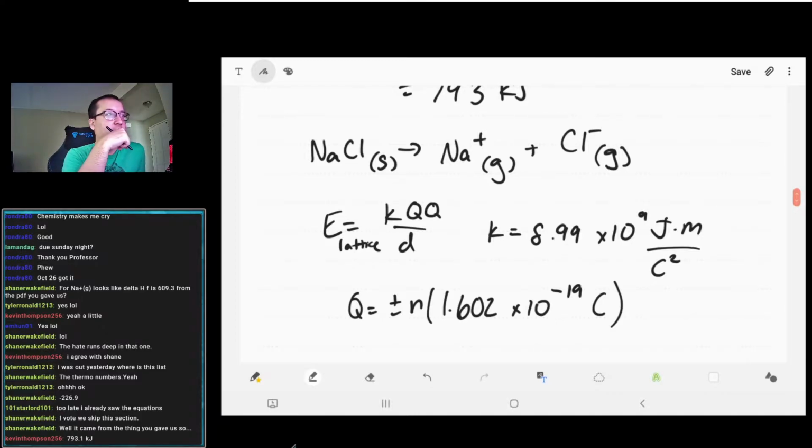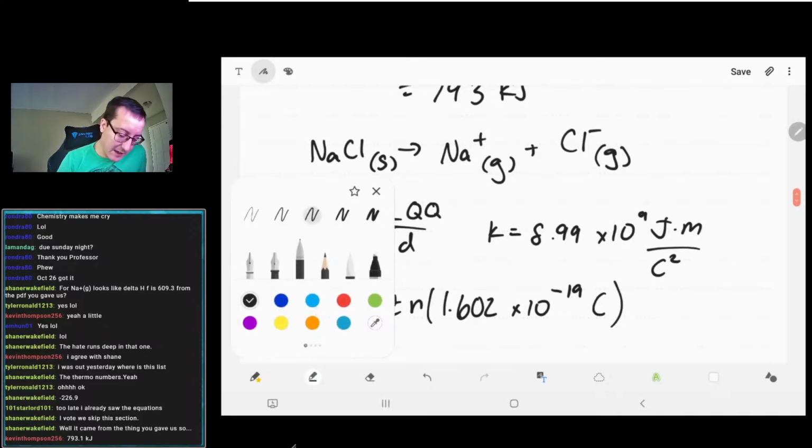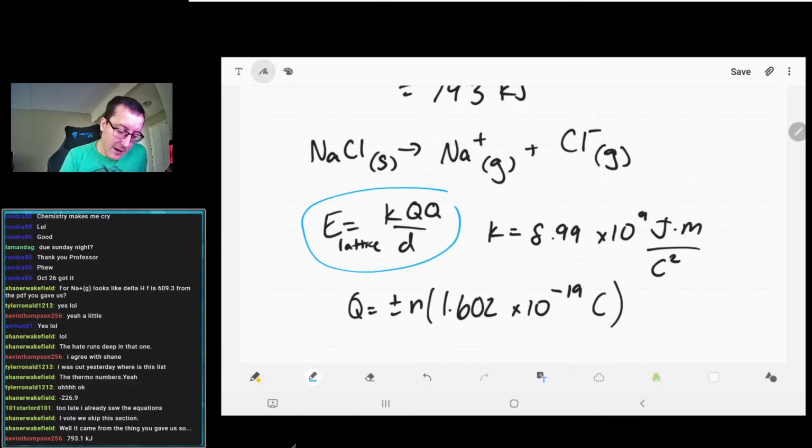Alrighty. So we have an easier way to do this. We can just calculate the lattice energy much more easily using an equation where K, or kappa, it's actually what it should be, is a constant. Creature, shut up. Or else you're going in the bathroom too, mister. And then we have the charge of our ions and then the distance that separates them.